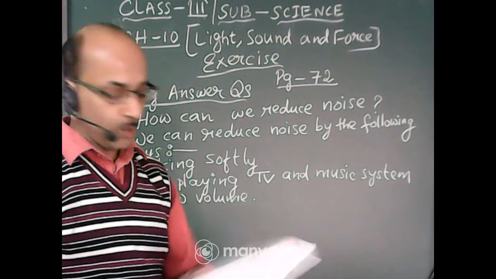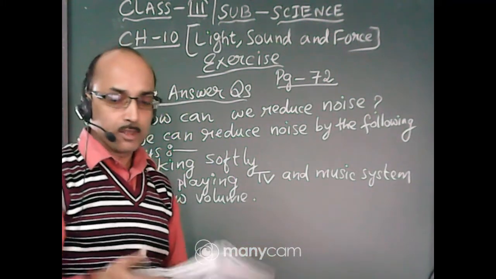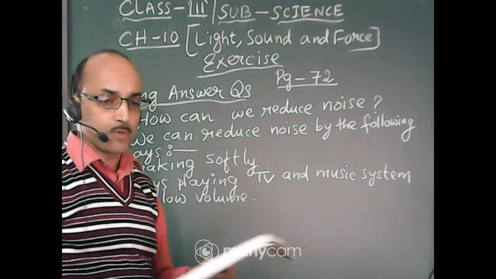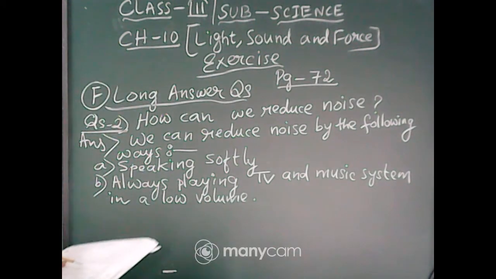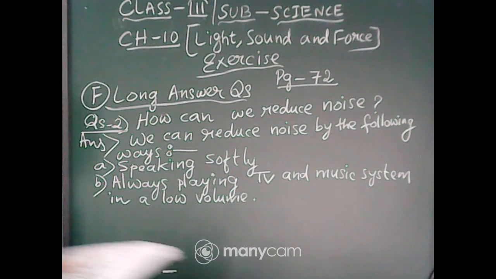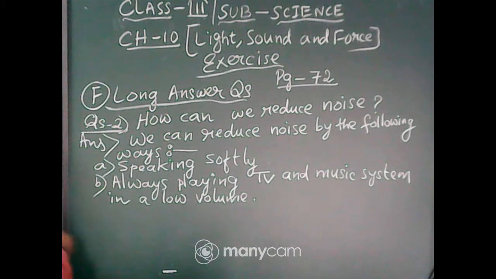Now let us go to the last question of the long answer question section. It is, what are luminous and non-luminous objects? Give 2 examples of each. Let me write the question first. Question 3.